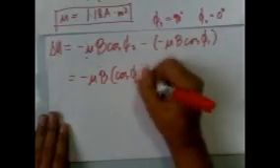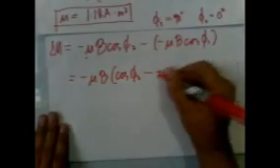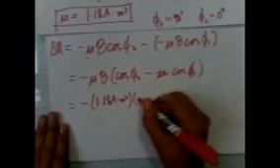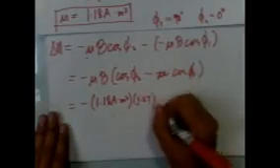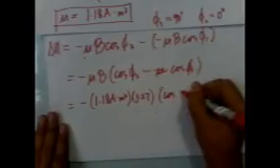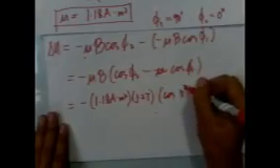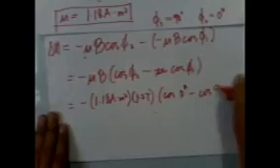So we have negative mu B times cosine phi 2 minus cosine phi 1. So we have negative 1.18 ampere meter squared, times our B, which is 1.2 Tesla, times cosine of 0 degrees minus cosine of 90 degrees.